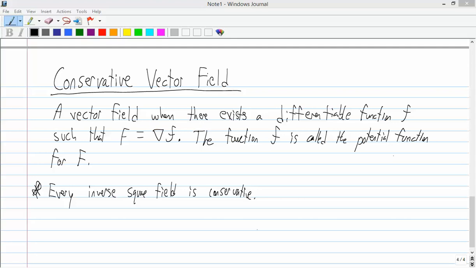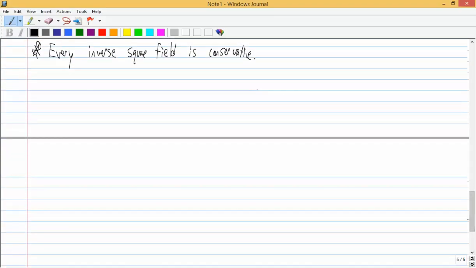Okay. Next we're going to go over a theorem that gives the necessary and sufficient condition for a vector field in a plane to be conservative. So here's the test for a conservative vector field in a plane.